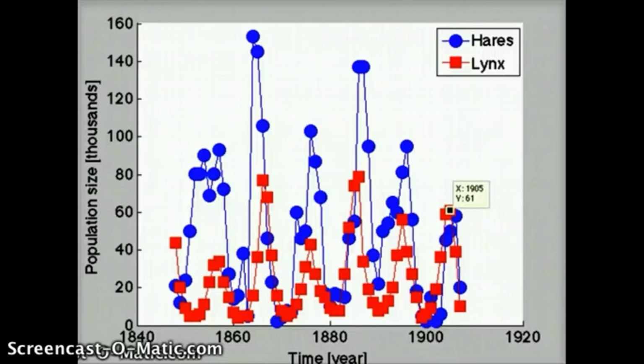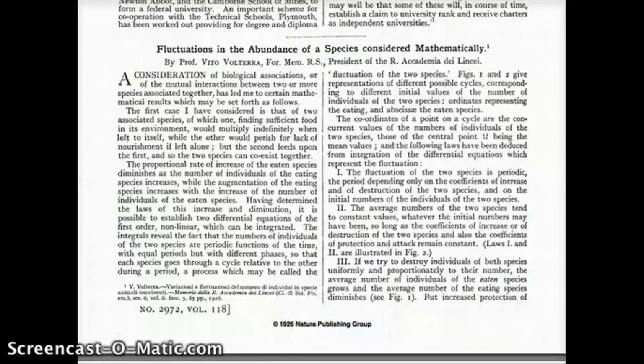And this is a very well-known data set that is used as an example of the interactions between a species that is a predator feeding from a species that is a prey. Mathematical descriptions of these interactions between predators and prey are mathematical tools that go way back.